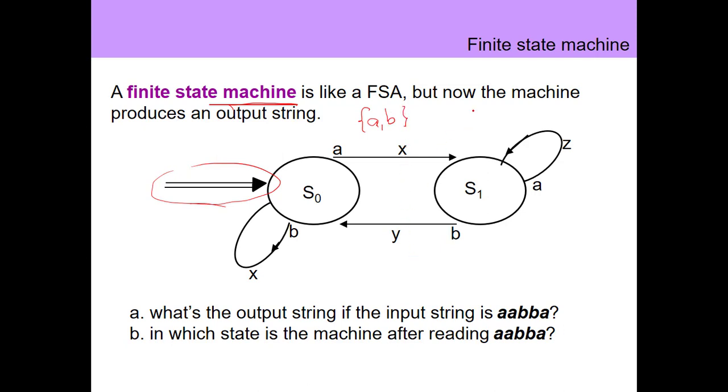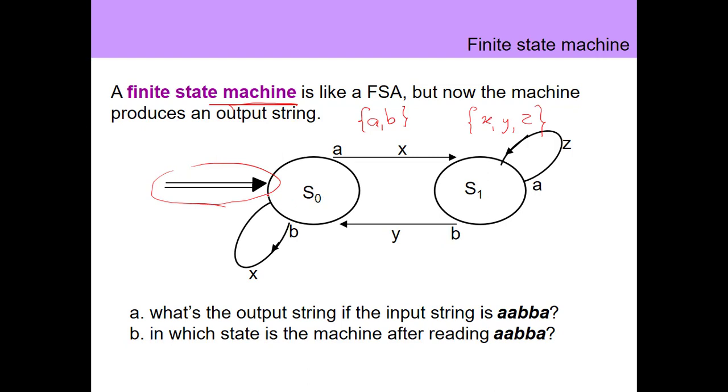In this situation, the output alphabet is X, Y and Z. So the input alphabet is A, B, the output alphabet is X, Y, Z. There are two states involved. The difference with a finite state automaton is that it does not check whether the words are valid, but it'll just start producing when it gets input.